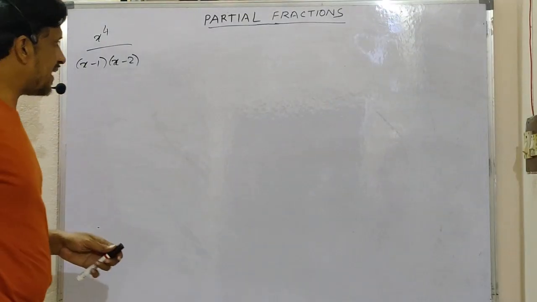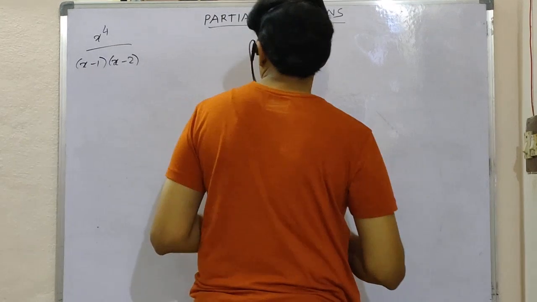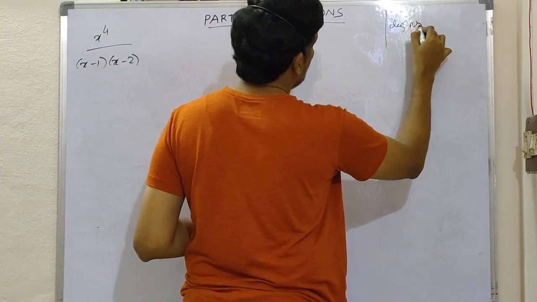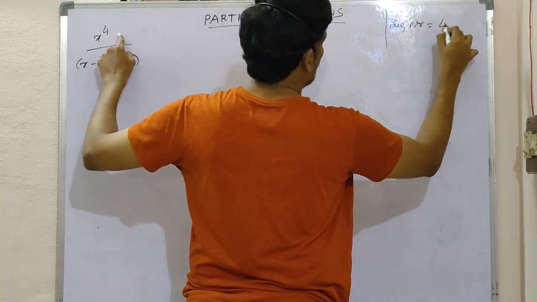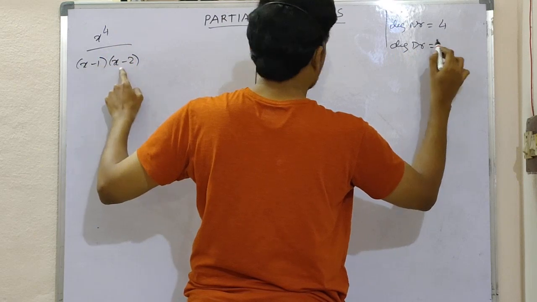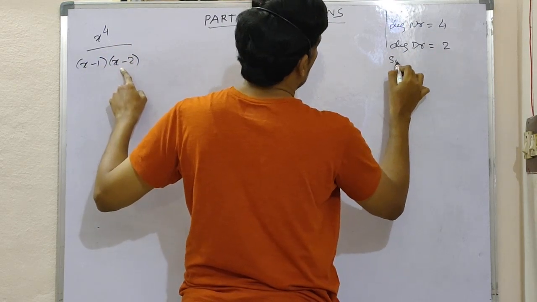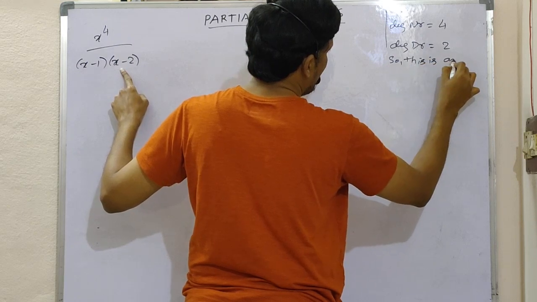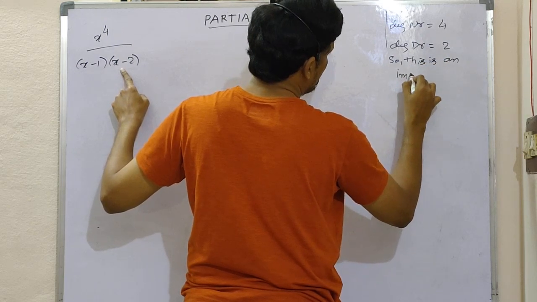So again, here I am writing the degree as usual. Degree of numerator is 4. Degree of the denominator is x into x gives x square, that is 2. So this is an improper fraction.